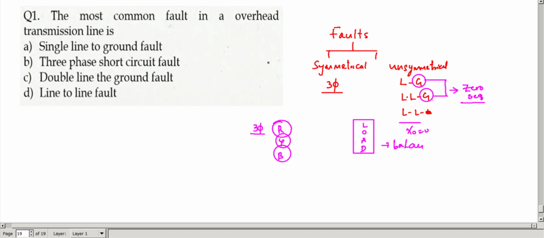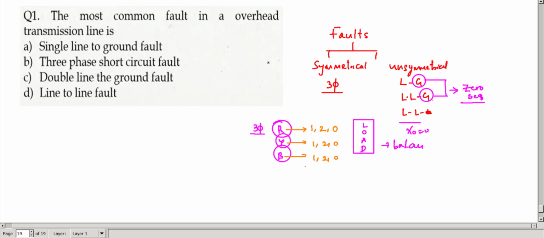a reduced number of equations. If I have an unsymmetrical fault, I want to represent each phase separately. Each phase has a positive sequence, negative sequence and zero sequence.